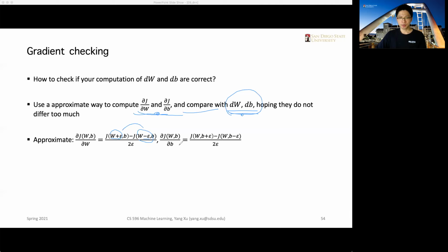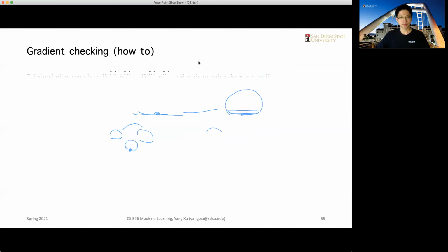We use the difference in the outputs divided by the step of the change of the input, right? This is a typical way of defining partial derivatives mathematically. Having these approximated values computed, we want to compare whether they are the same as dw and db.